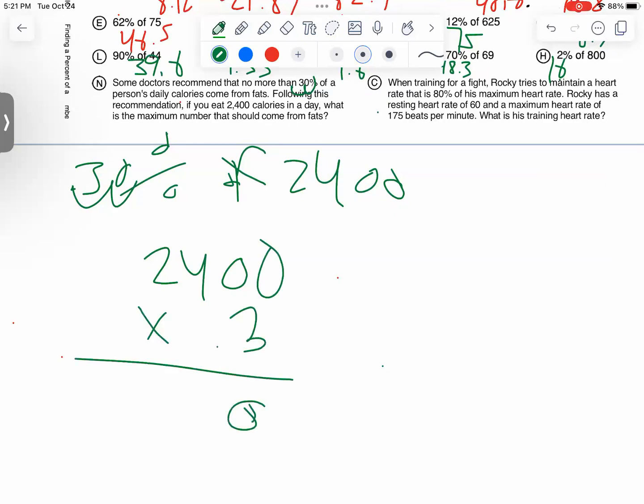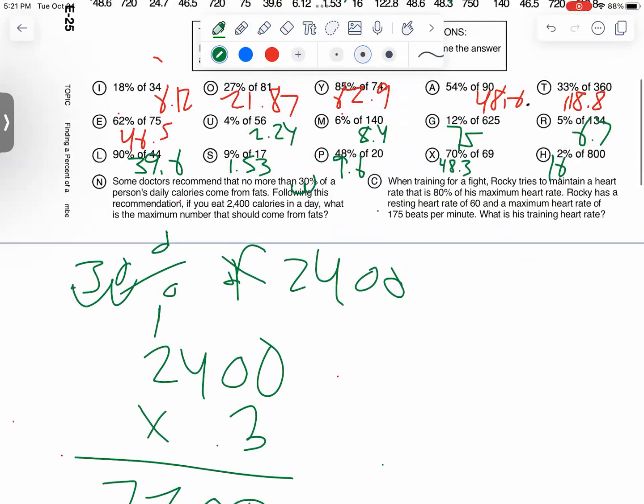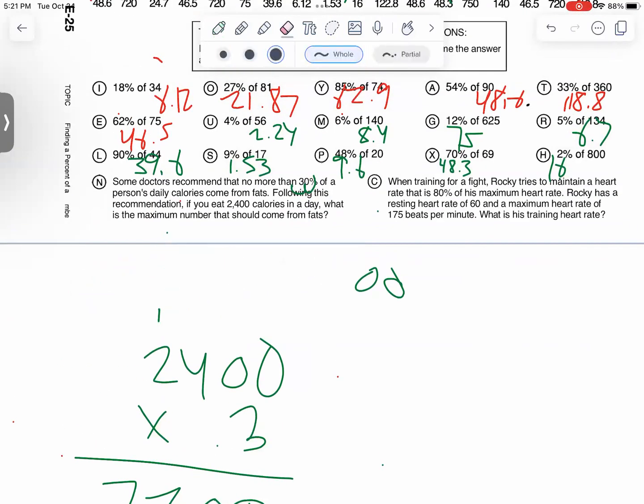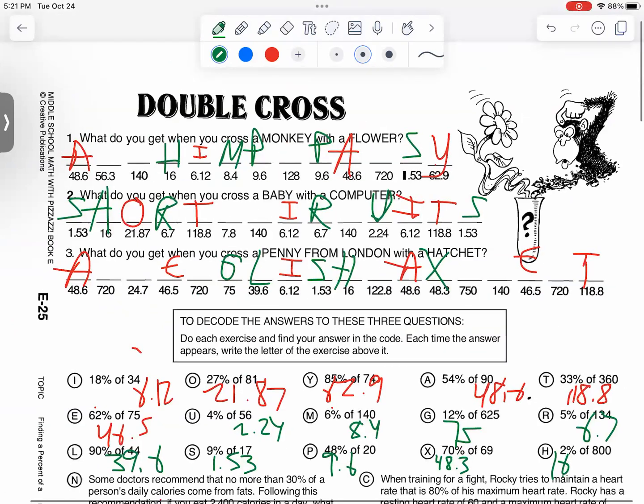So 0, 0, 12, and 7. So 720 is the maximum that should come from fat. So 720, and that's going to be N for 720. N, and N.